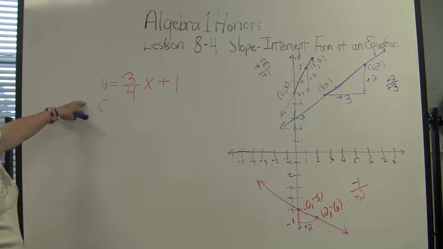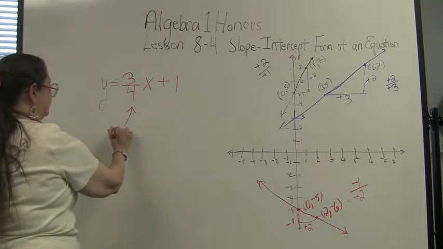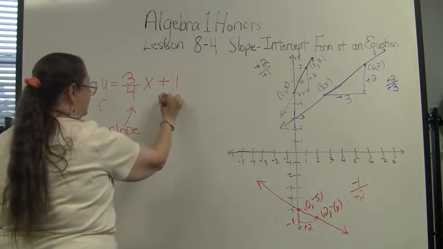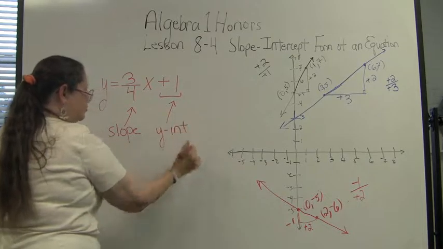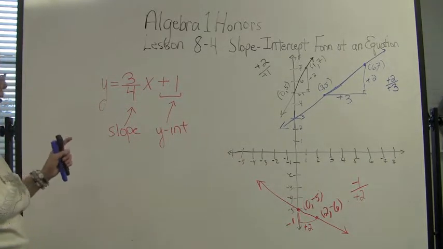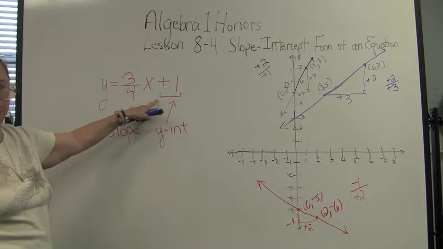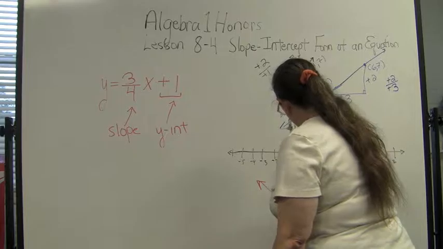I have 1y over here all by himself. So here's my slope, 3/4, and here's my y-intercept, positive 1. So to draw this line is really simple. I go over to my y-axis and I put a dot on plus 1, right here, dot.